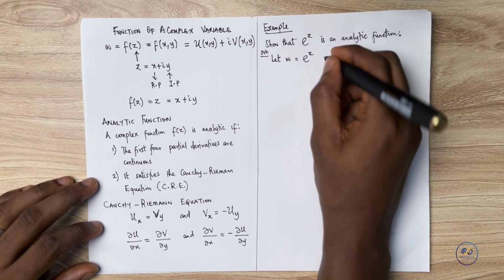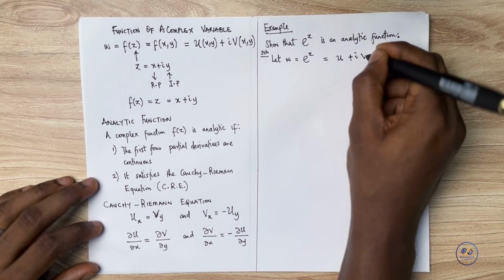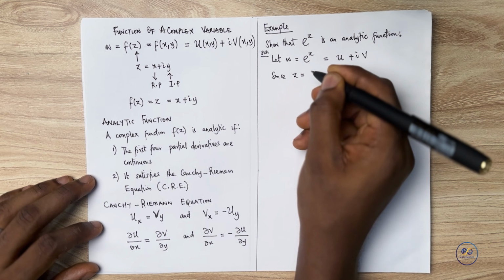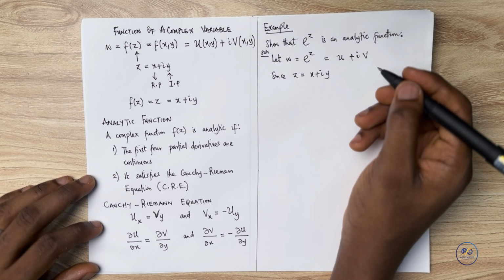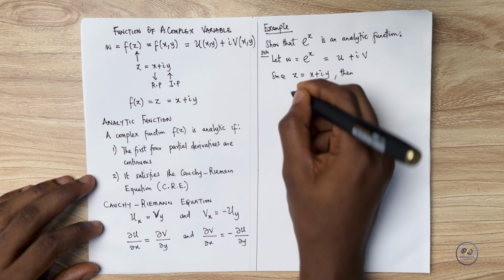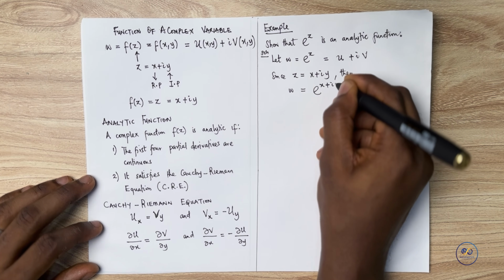Of course, w is the complex function. We can write that as u plus iv, right? Since z is of course equal to x plus iy, right? Then it means that we can rewrite w as e raised to the power of x plus iy.